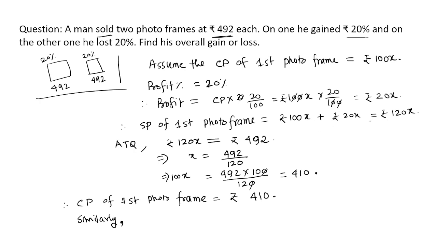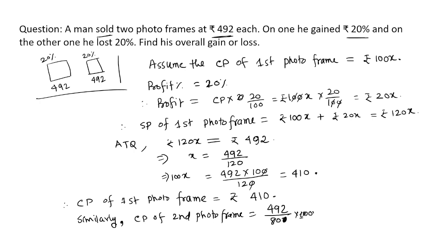So 100 minus 20, that would be 80x. So you have to divide by 80x instead of 120. So the CP of the second photo frame is nothing but 492 divided by 80 into 100.